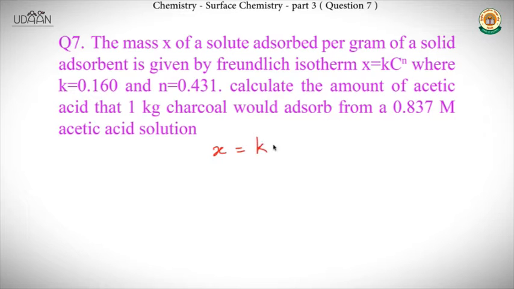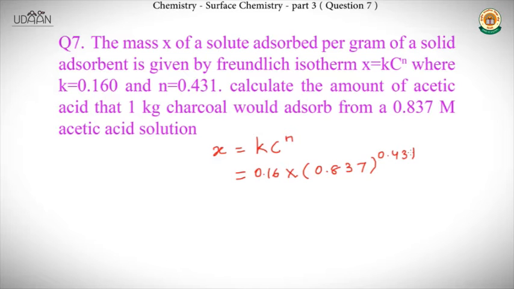So x is equal to k c raised to the power n, where x is the mass of the solute adsorbed per gram of solid. k is given as 0.16, the concentration of the solution is 0.837, and n is 0.431.